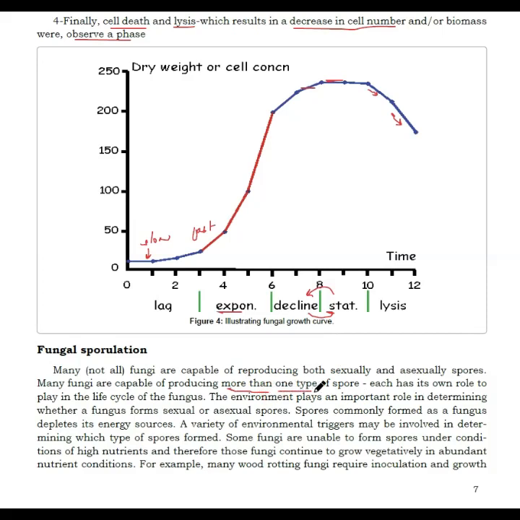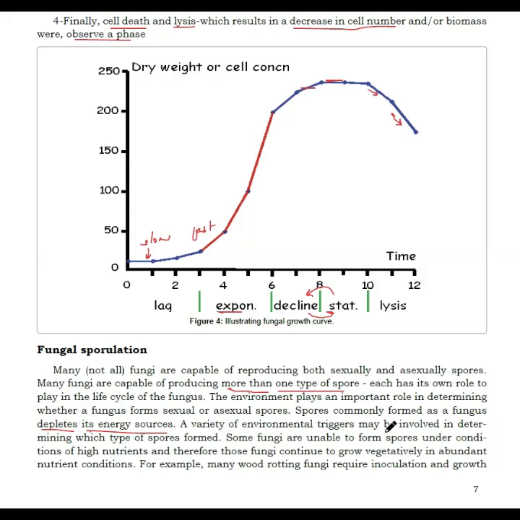Each spore has a role in the life cycle, and the environment plays a very important role in determining whether sexual or asexual spores are produced. Spores are formed as a fungus depletes its energy sources, in kind of adverse situations.